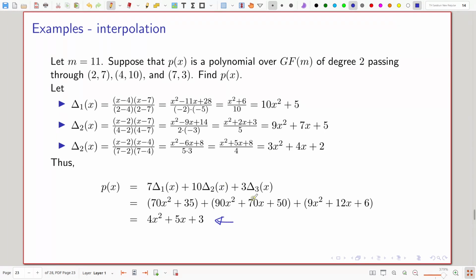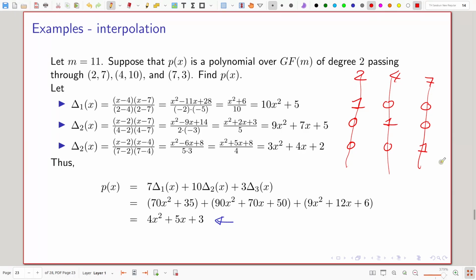Okay. If you think about this, the first polynomial, when you think about the values at 2, 4 and 7, the first polynomial is 1, 0, 0, right? The second polynomial is 0, 1, 0. The third polynomial is 0, 0, 1. And when you want a polynomial that is 7 at this x coordinate, 10 at this coordinate, and 3 at this coordinate, you can combine them linearly.